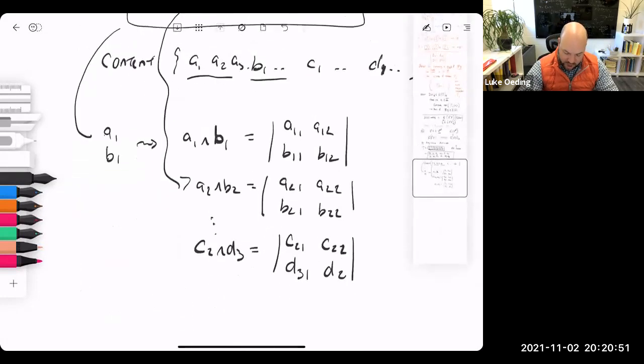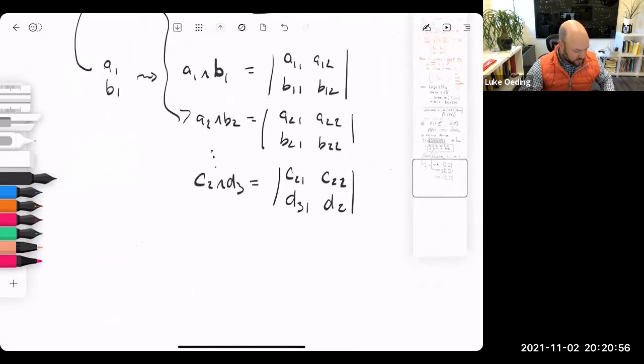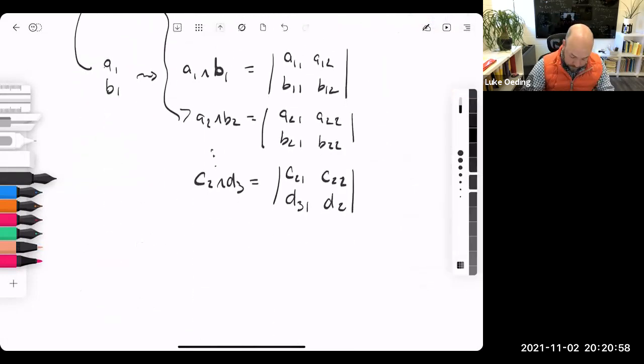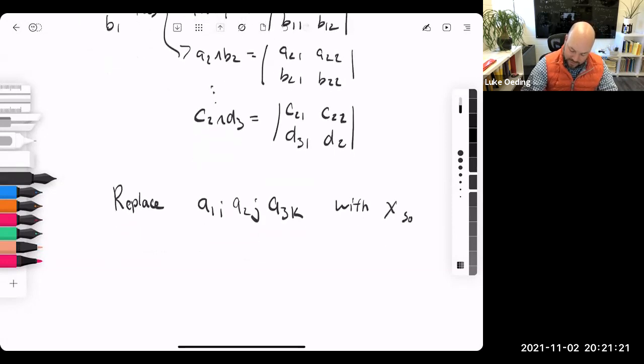All right, so I do this product of, again, 6 2x2 determinants. And there's just a slight change now. I multiply all these together, and now I'm going to replace A1, I, A2, J, A3, K with X. And now there's one other thing, sort IJK.